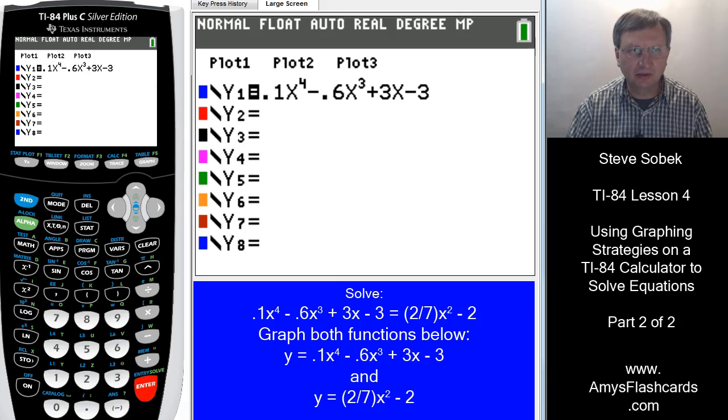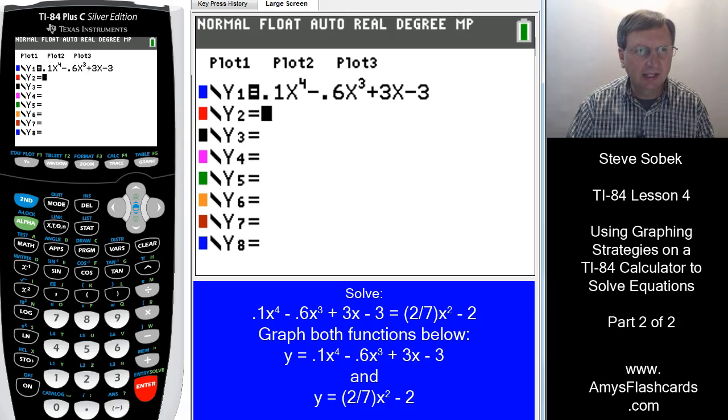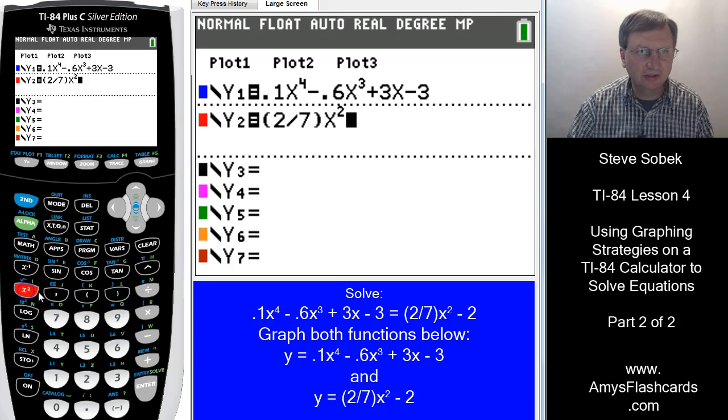That's the first function. And the second function, in parentheses, we have 2/7, 2 divided by 7, times x, and we square it with this button here, squared, minus 2x. No, minus 2.